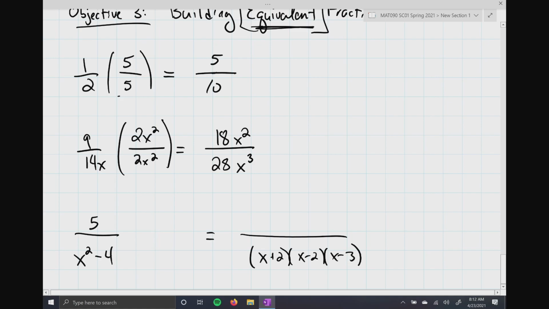Here's what I have: 5 over x squared minus 4. I want to build an equivalent fraction so that my denominator is x plus 2, x minus 2, and x minus 3.